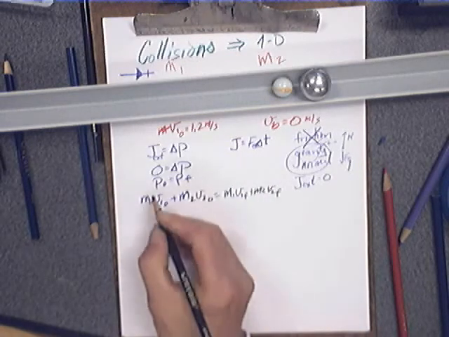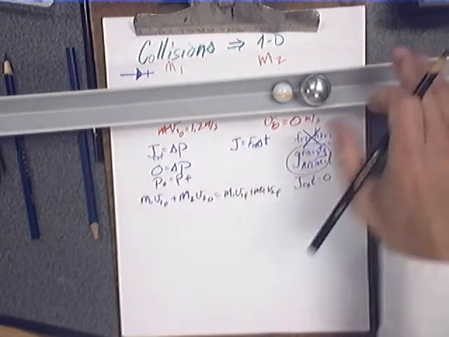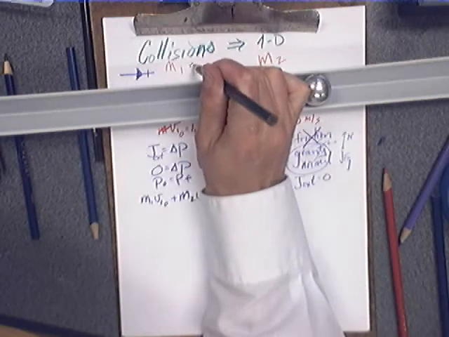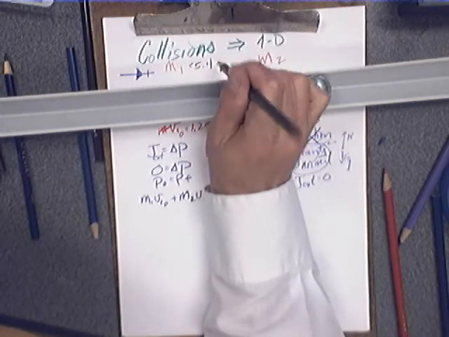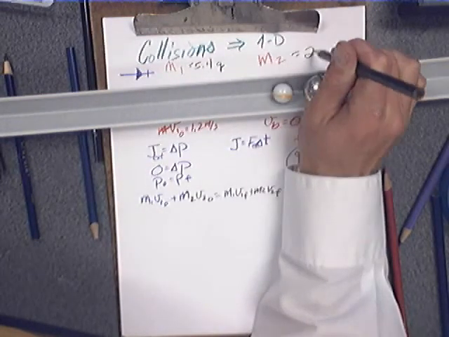Well, let's see what I got. Mass 1 is 5.4 grams, and mass 2 is 23 grams.